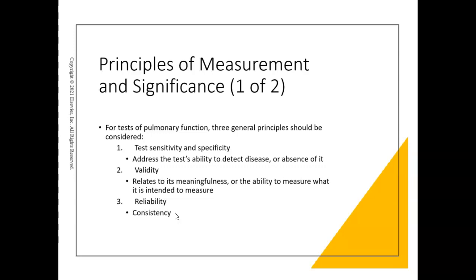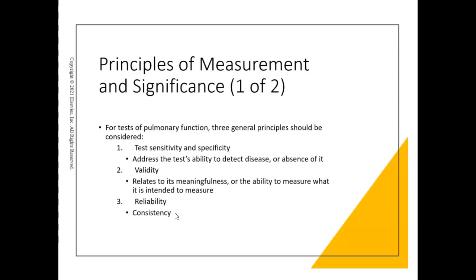Okay. Reliability is a term we use when we talk about consistency. In order to prove reliability, we need to produce consistent test results with minimal variability when repeated. So you have to perform each test more than once to get reliability, because I have to show that it's the same on multiple tests.